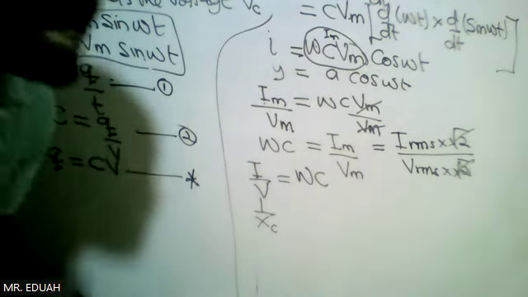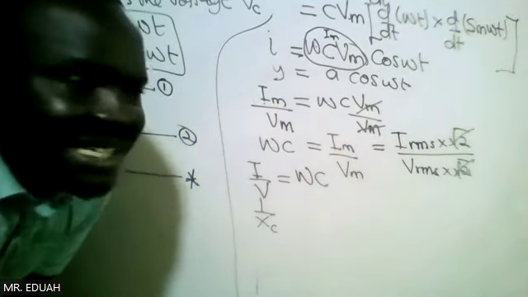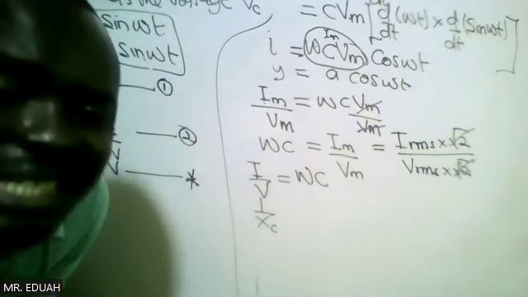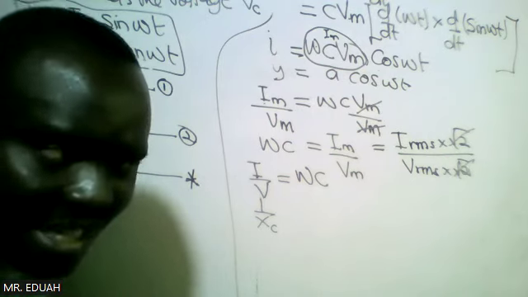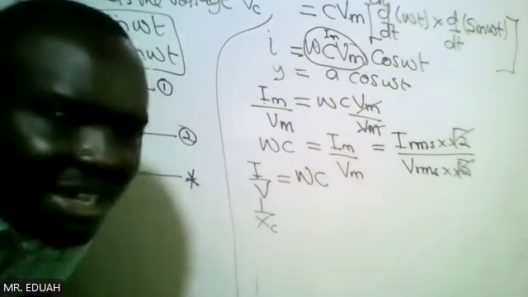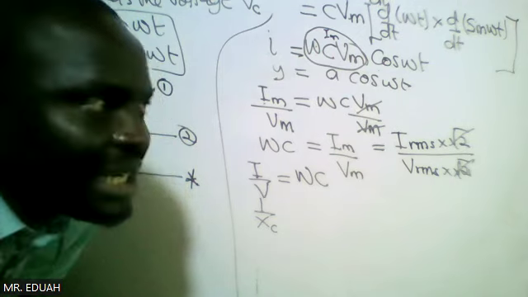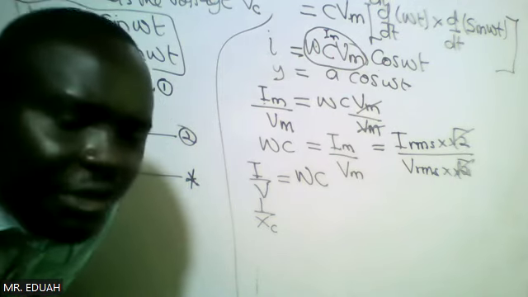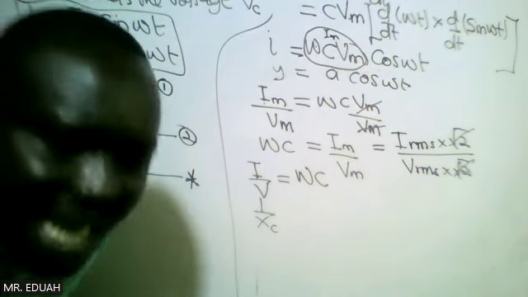So the capacitive reactance, which we are representing as XC, is the opposition to the flow of alternating current by a capacitor. If the device is a resistor, then we call the opposition resistance. But over here, because the device is a capacitor, we call the opposition capacitive reactance.